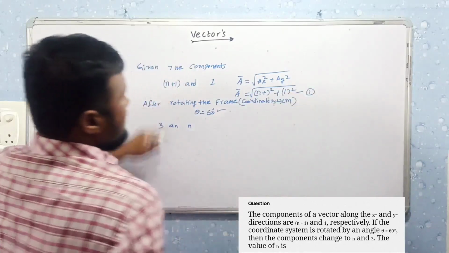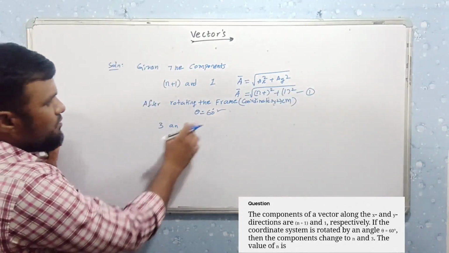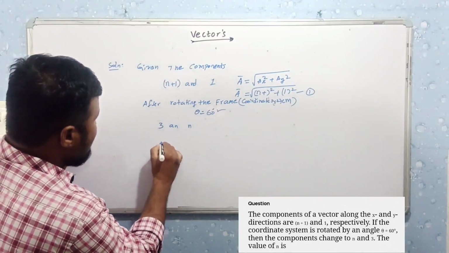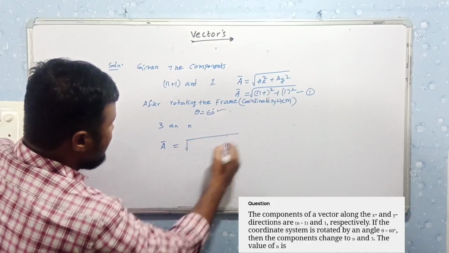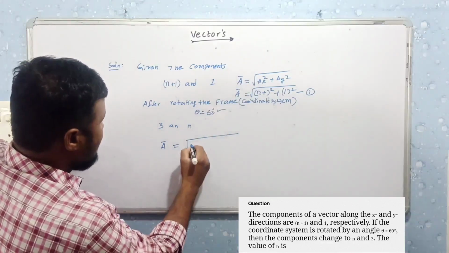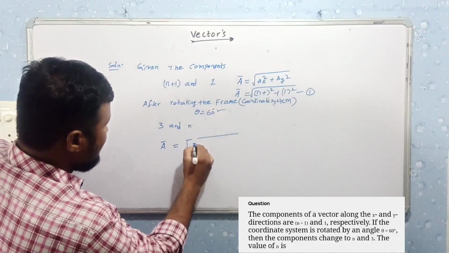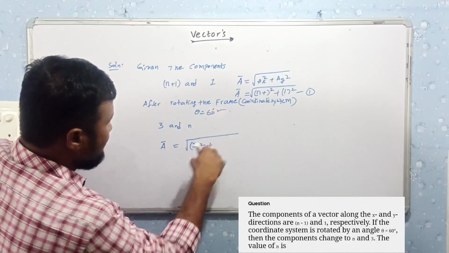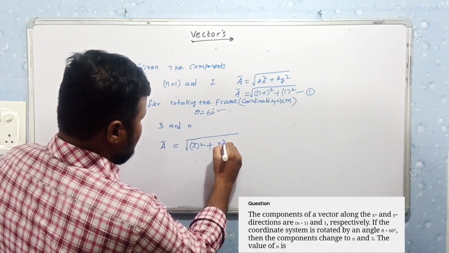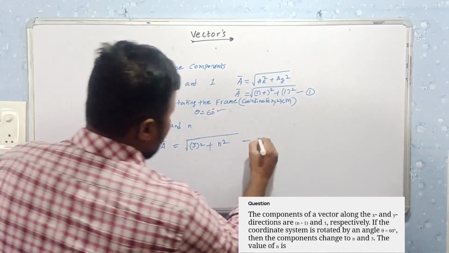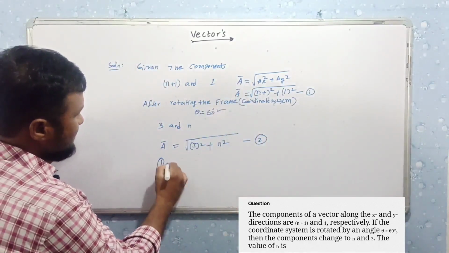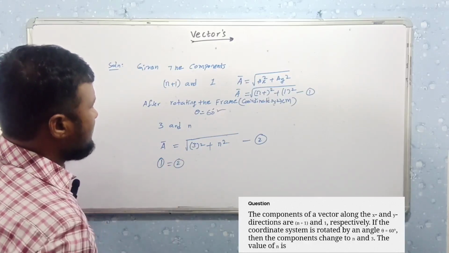Equation number 1. But after rotating, the components change, so a bar is again root over ax, here 3, and ay, n, that is 3 square plus n square. Equation number 2. Since the vector direction does not change, we can equate equation number 1 and 2.